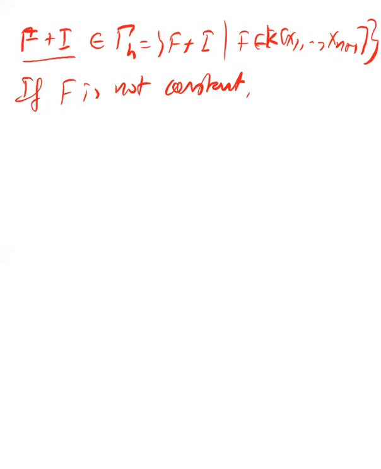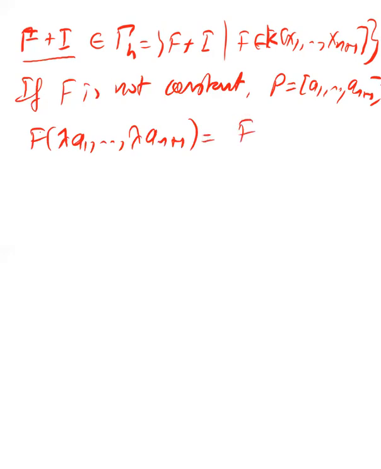So suppose that it's not constant, and if you take P to be (a1, ..., an+1), then F of (lambda a1, ..., lambda an+1) is another representative of P. And if you look at F(a1, ..., an+1), this is lambda to the some d times it, so they are not equal for all lambda.